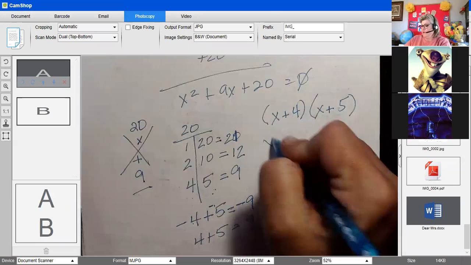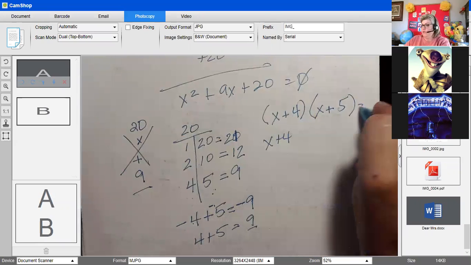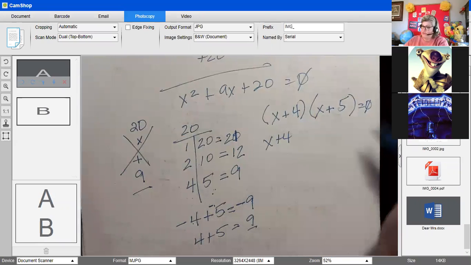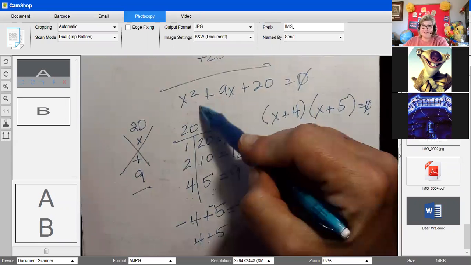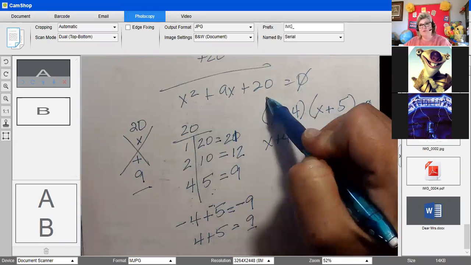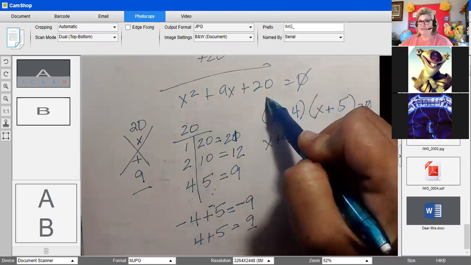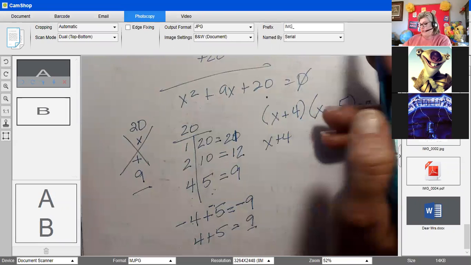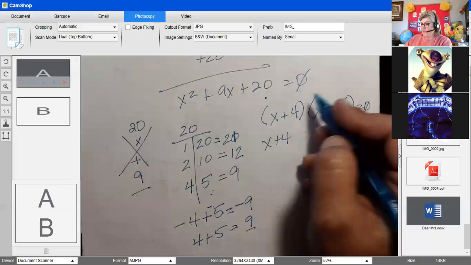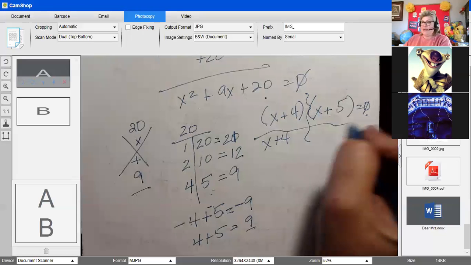And this is all equal to 0, and the reason why it's equal to 0 is because the equation that we started with before we factored is equal to 0. So now we're going to set each side. Step 1, set each side equal to 0.